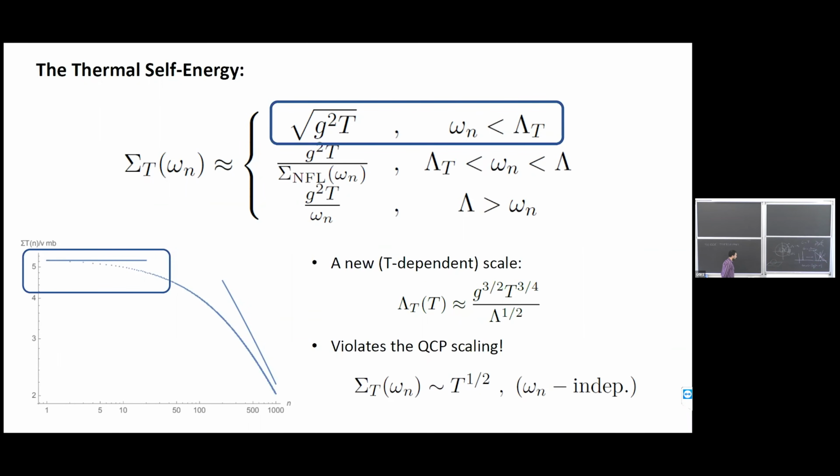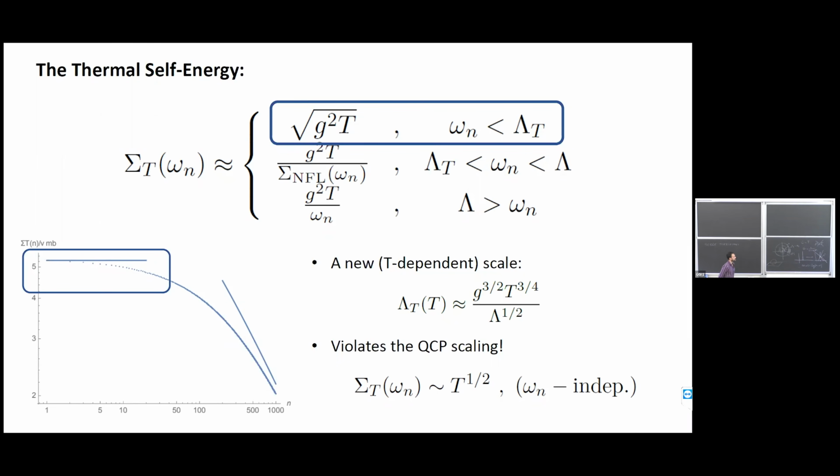The thermal self-energy is a bit more complicated. You have to solve it numerically, but there's a regime, which is the one we'll be interested in, of low enough energies, in which it can be approximated by a constant, in the sense that it doesn't depend on the frequency. This is the only regime in which it can dominate over the quantum part.